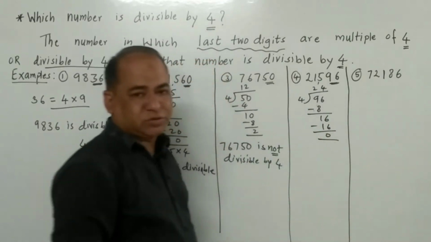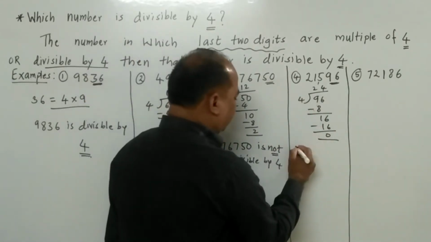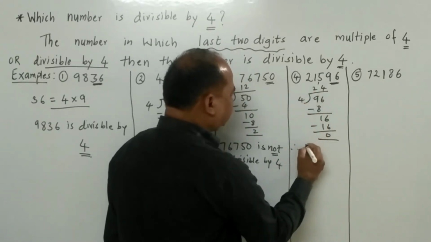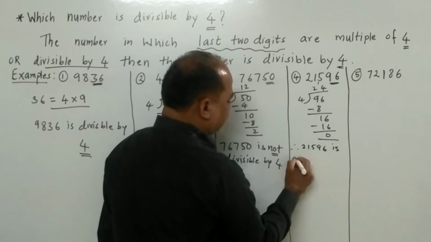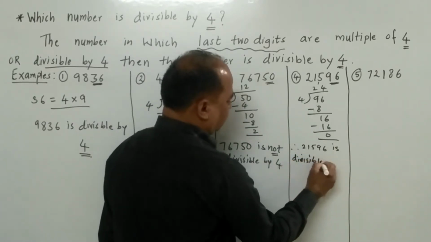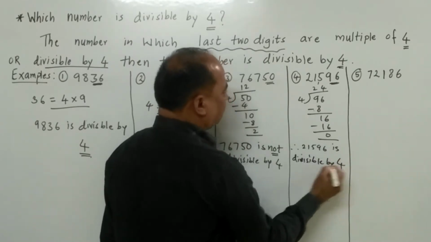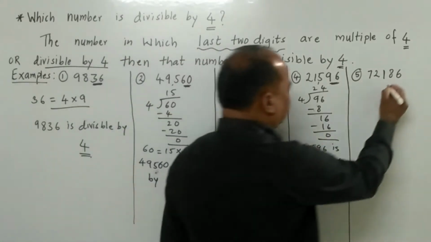Remainder is 0. So 96 is completely divisible by 4. Therefore, 21,596 is divisible by 4.